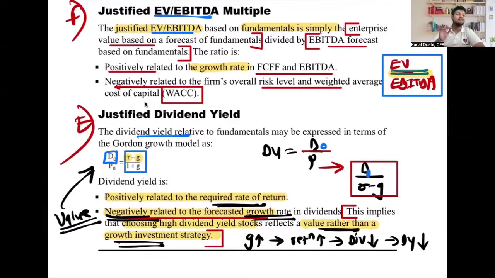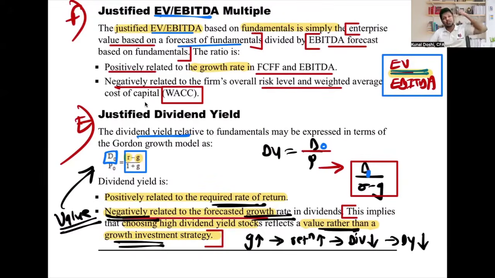So justified EV/EBITDA, again here the EV is the market value of the debt and equity adjusted for taxes, right? The enterprise value is based on the forecast of fundamentals divided by EBITDA based on fundamentals. Again, now here simply you have to take EV and EBITDA.